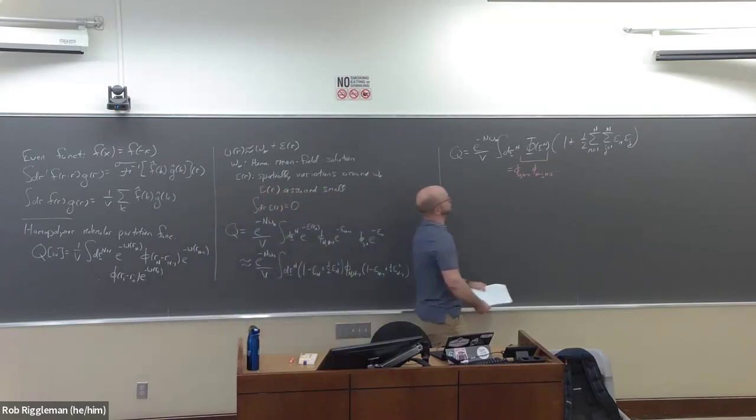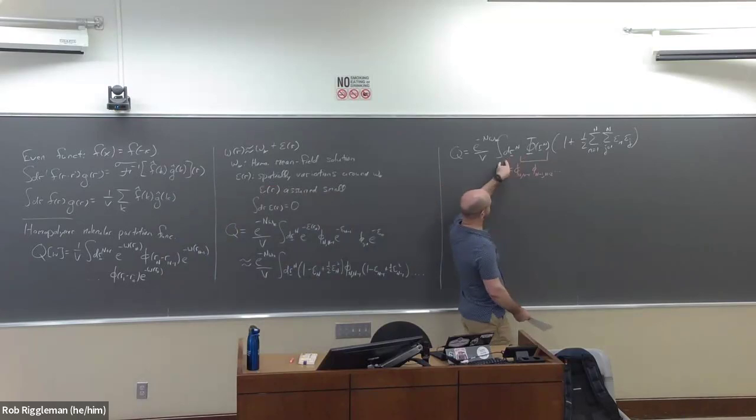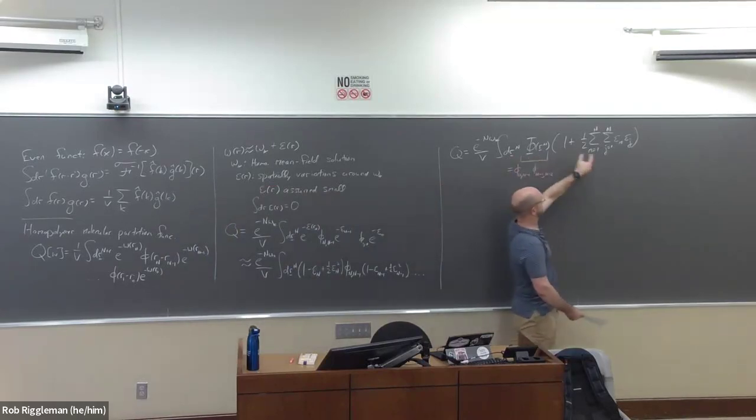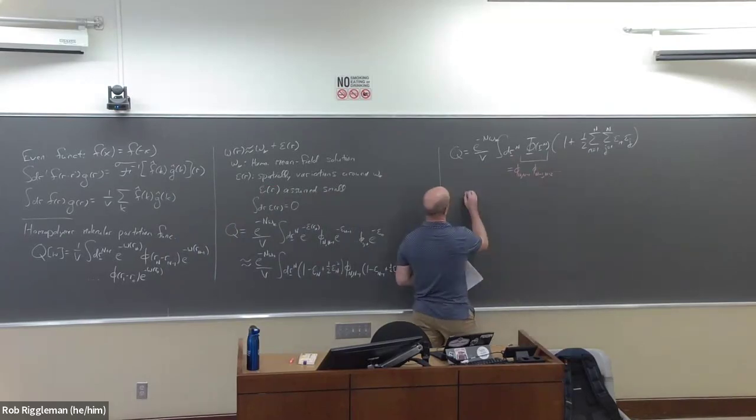Okay, so the next thing we can do is, now we have the integral times all the bond stuff, and then times two different terms. So we can deal with that real quick.